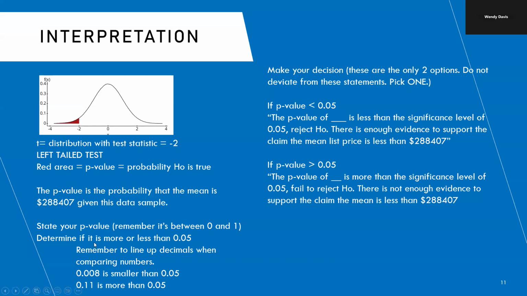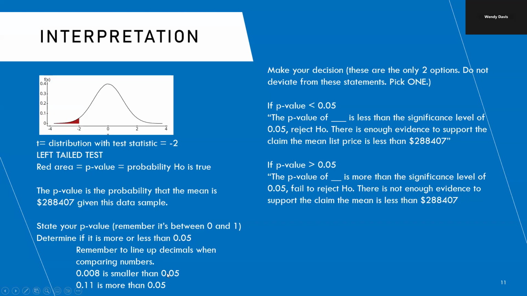Okay, you also have to compare it to our significance level of 0.05. So in your report, say what your p-value is. Tell me if it's more or less than 0.05. Remember, we line up decimals when we're comparing numbers. So 0.008 is smaller than 0.05.